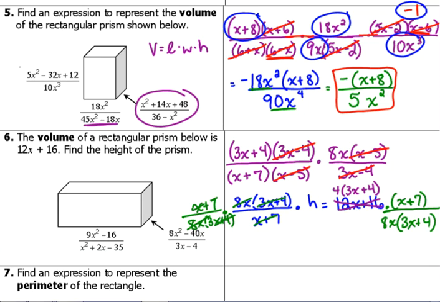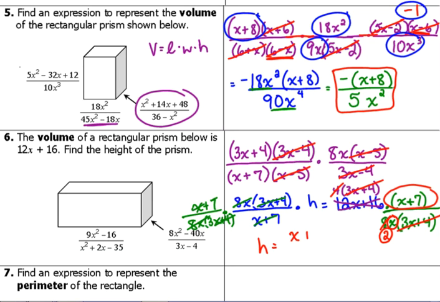Now we can cancel something, right? We can cancel the 3x plus 4. And the 4 over the 8 leaves us with a 2 in the bottom. And I have a mess. So let's see here. We've got x plus 7 left in the numerator. And we have 2 and we have x left in the denominator.